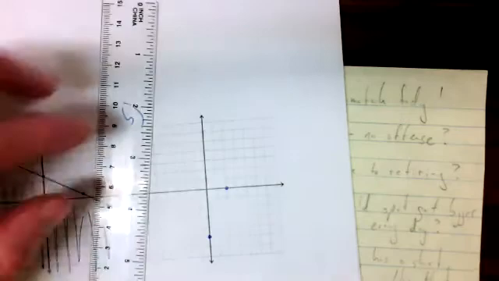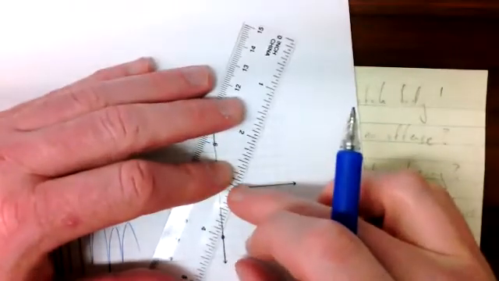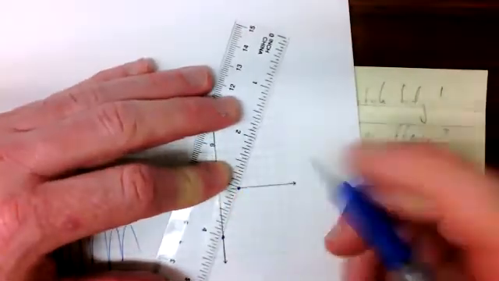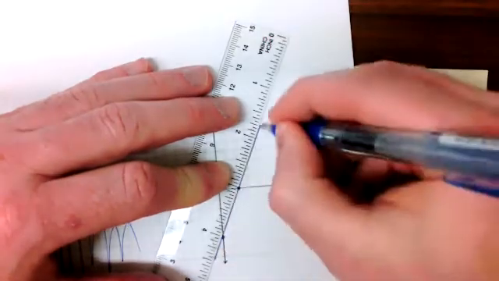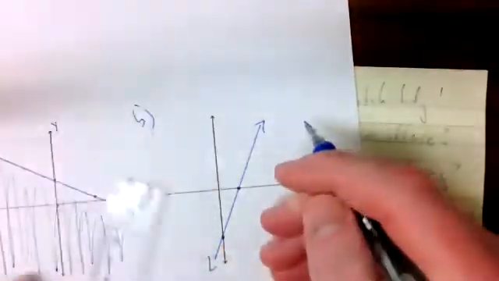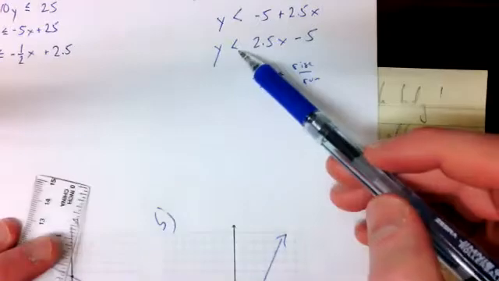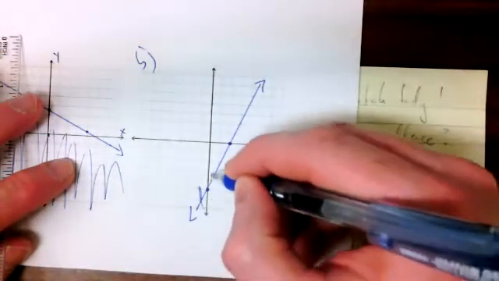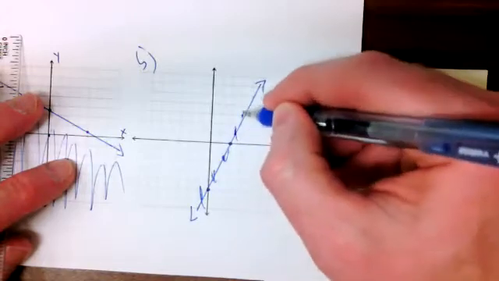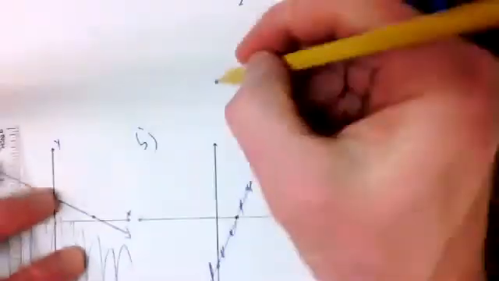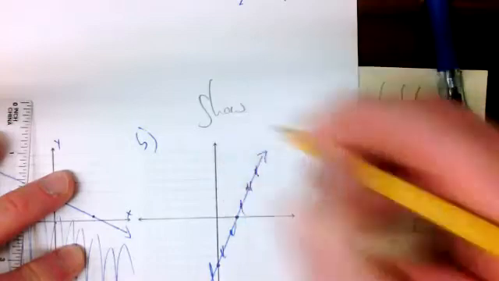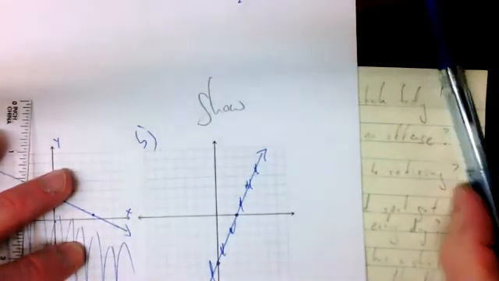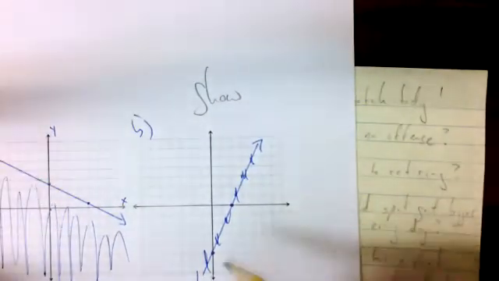Make my connections. Oh, it's a broken line. You have pencils. I was thinking about doing this with pencil. Would it show? Yeah. Maybe I should do the rest of it with pencil so I don't make stupid mistakes like that.